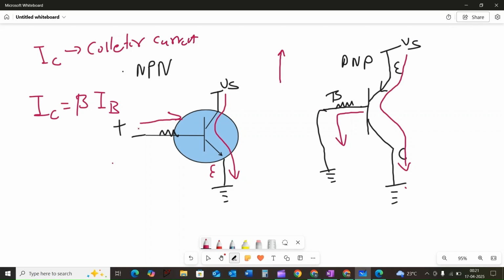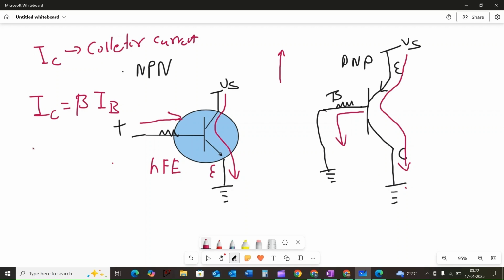Here IB is the base current of the transistor, and here beta is the current gain of the transistor. Beta is also often denoted as HFE, and we can find this value in the transistor datasheet. It represents the current gain of the transistor.